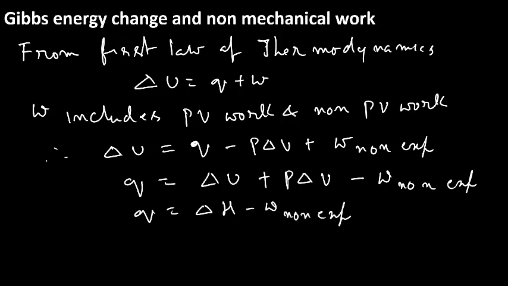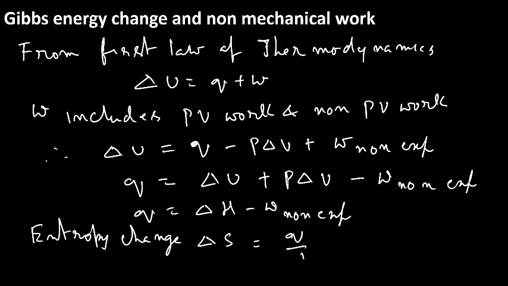For a change taking place under isothermal and reversible conditions, the entropy change delta S is given by Q by T, or Q equals T delta S.